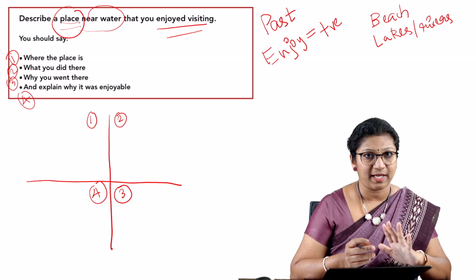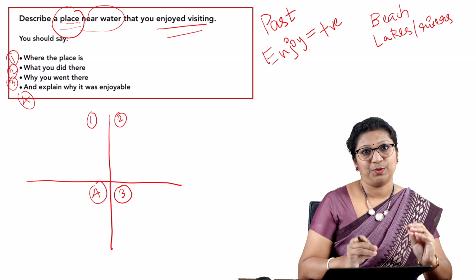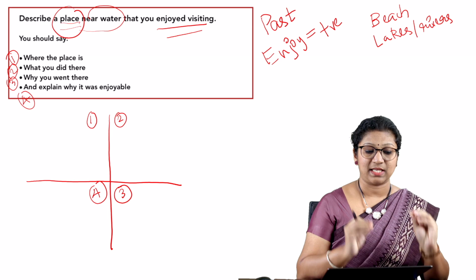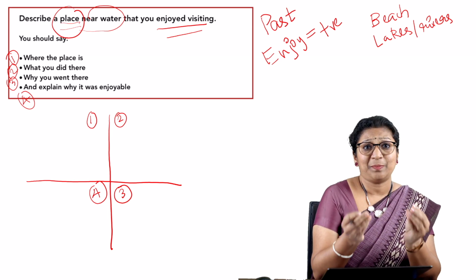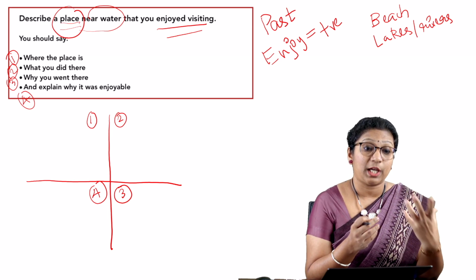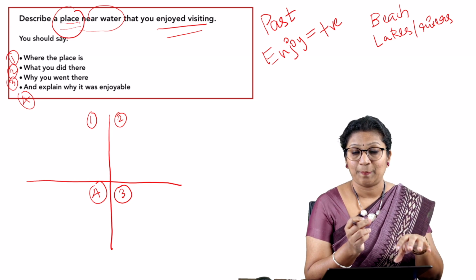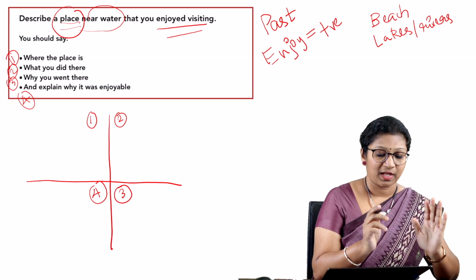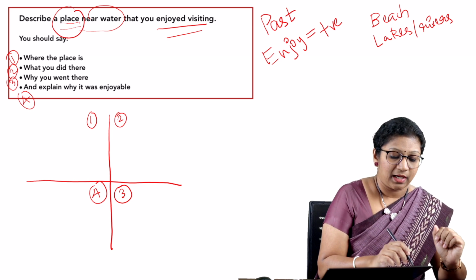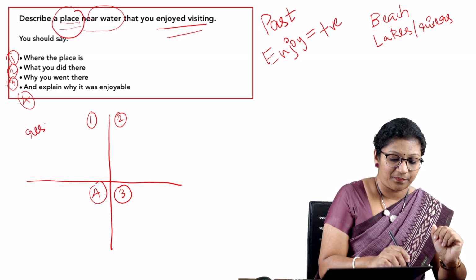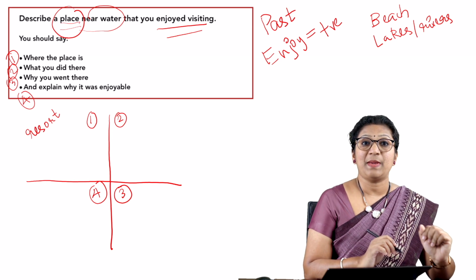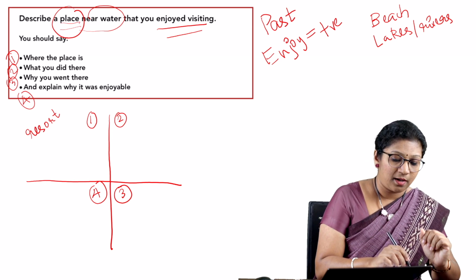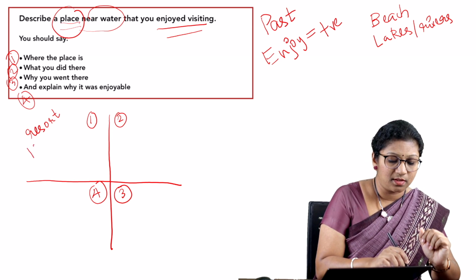Now you don't have to write down these numbers when you prepare, but you need to have your plan in mind already. Now what I will do when I make quadrants like this is, the first question, where the place is, which is basically the location of this place near water, I will be writing down words in that first quadrant. Like I would say, okay, let's say resort, and maybe the place was Kasargod.